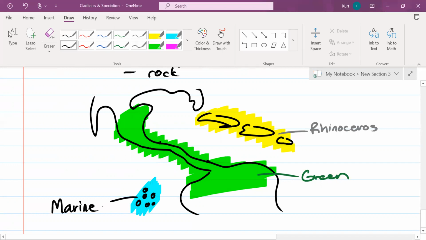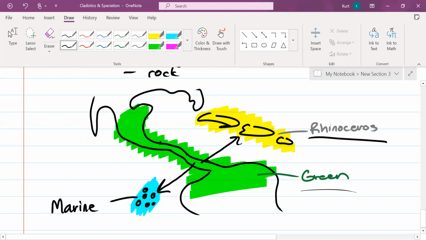Well, we do know that members of the green iguana population swam through the Pacific Ocean to the Galapagos, and they swam across the Caribbean Sea to the Caribbean islands. These individuals, for instance, the rhinoceros and the green iguanas, are reproductively isolated.